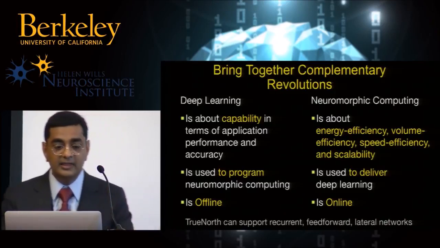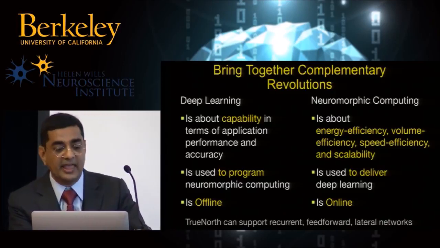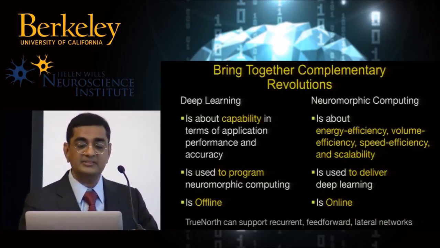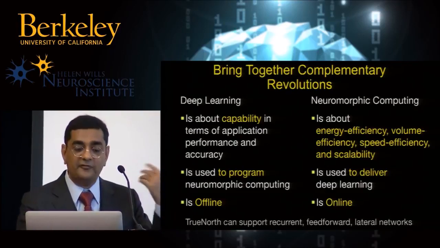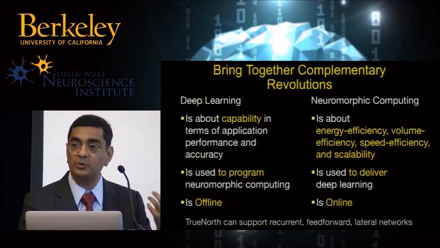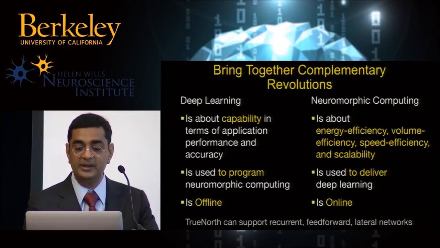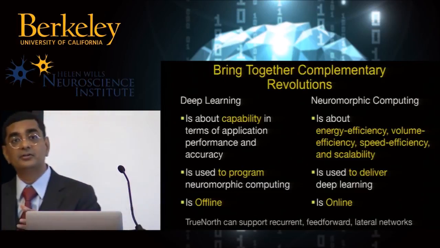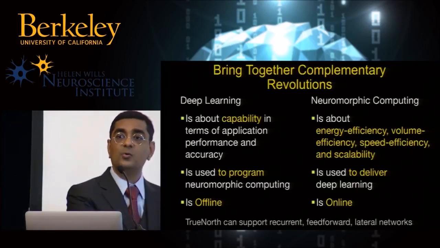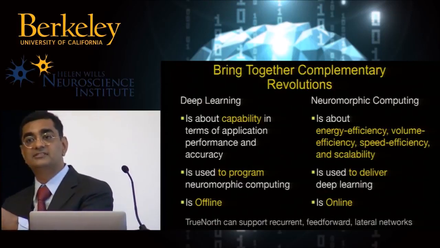Well, deep learning is about capability. It's about accuracy in terms of application performance. It's used to program in an offline fashion. Neuromorphic computing is about unprecedented energy efficiency, volume efficiency, speed, and scalability. And it's used to deliver. So think about offline learning versus online delivery, inference, recognition.